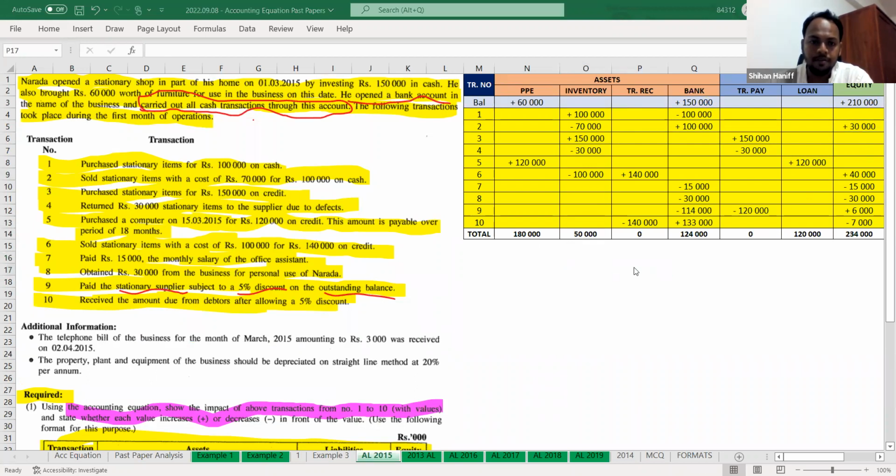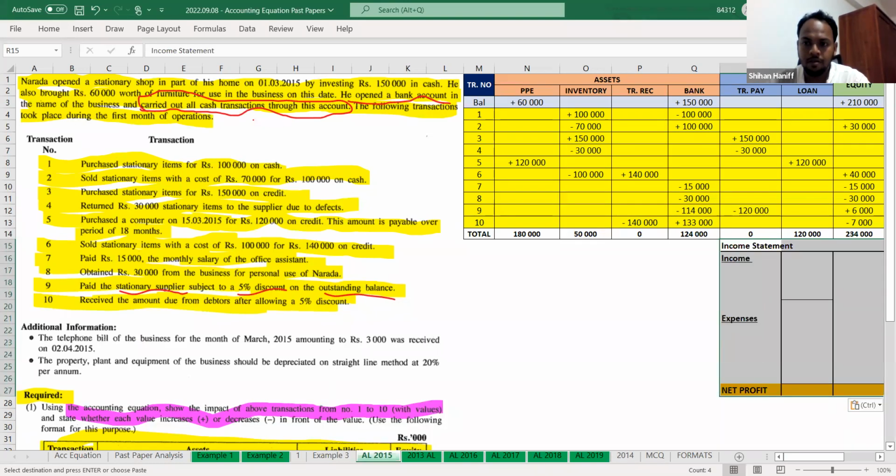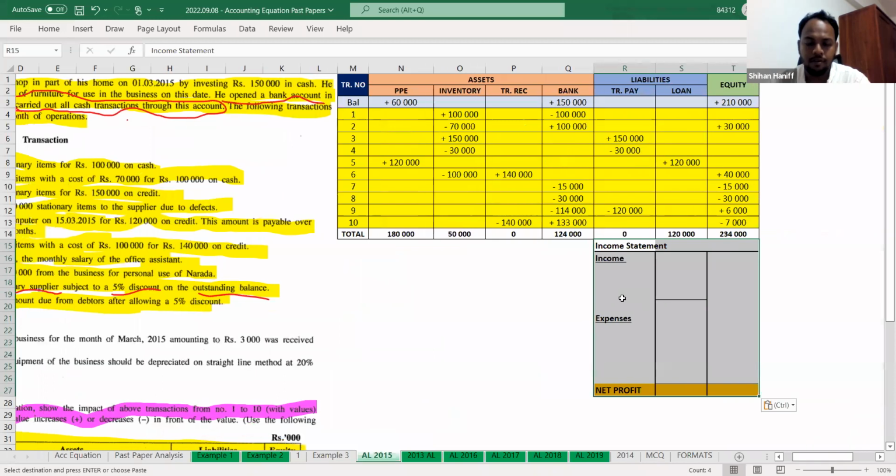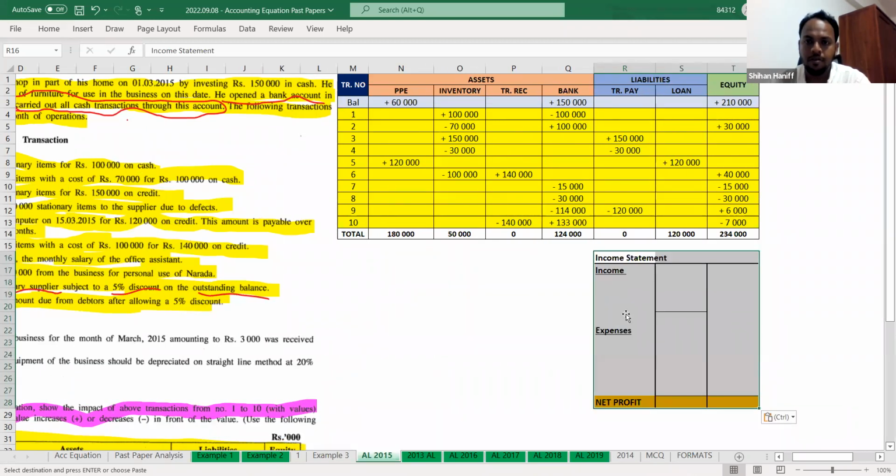I'll explain both the methods. And there is an easy way of doing it and the complete income statement. So this is income statement.